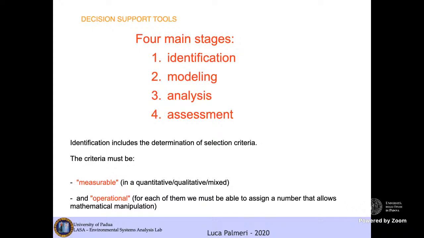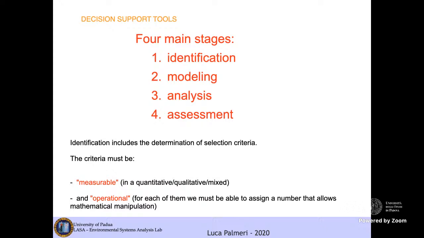There are essentially four main stages in the decision process. Identifying the problem. For example, I have to go from city A to B and I have three alternatives. Build a modeling description of the problem, introducing, for example, criteria: minimization of cost, maximization of speed, and optimization, if you want, of comfort.